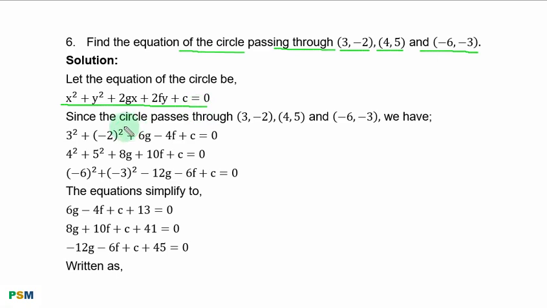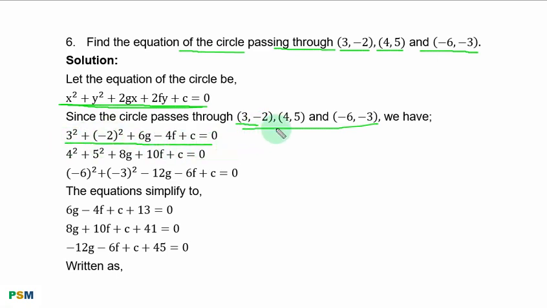Since the circle passes through these points, we have it that the first point implies x equal to 3, y equal to minus 2. You replace them, you have this result.